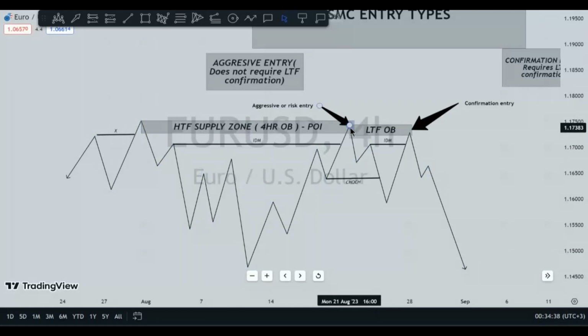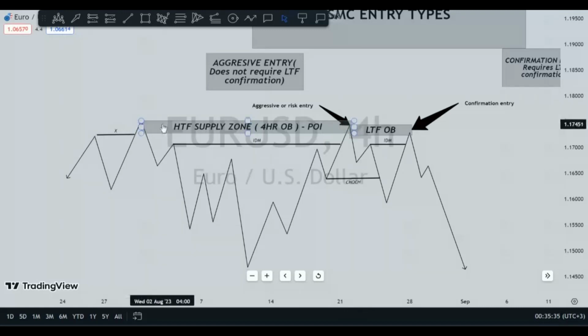So aggressive entry is kind of risky, because you might catch some aggressive moves, but then you might lose more trades with this entry, because many times the market makers might want to take out liquidity, which might lie in this zone.